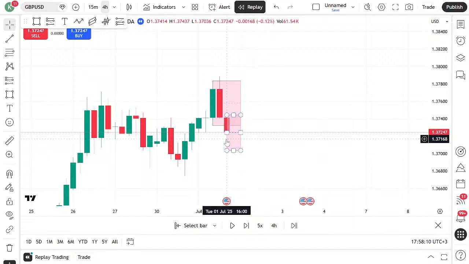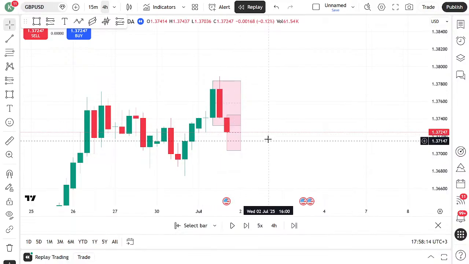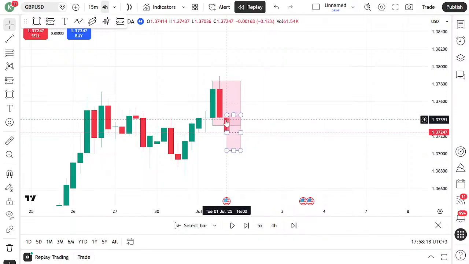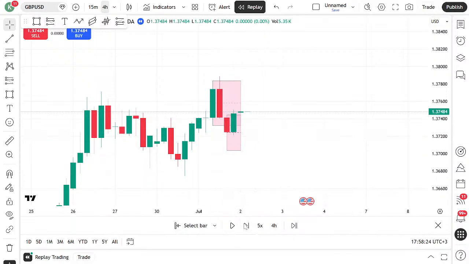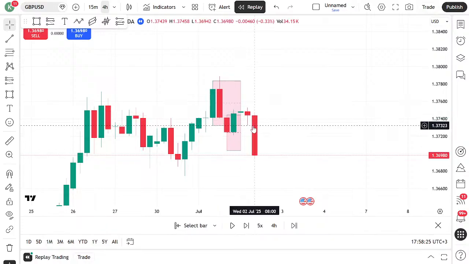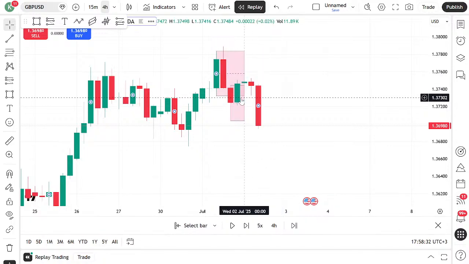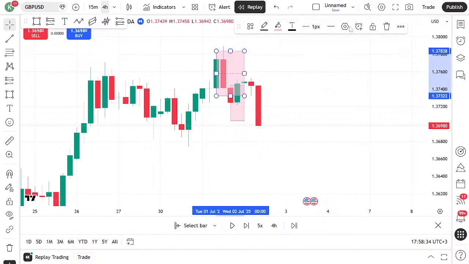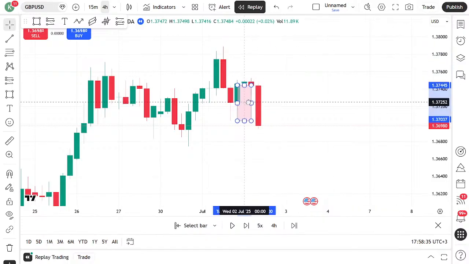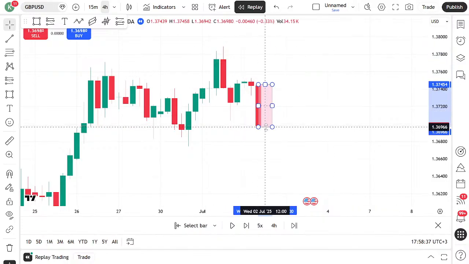So I would say this day ended up with a loss, which would have been avoided if we used this new strategy. But let's look out for the next day, and if there are opportunities in the next day's setups. So the day is Wednesday, 2nd July, 8 a.m. Let's get rid of these ones that we didn't use and then just place it here.